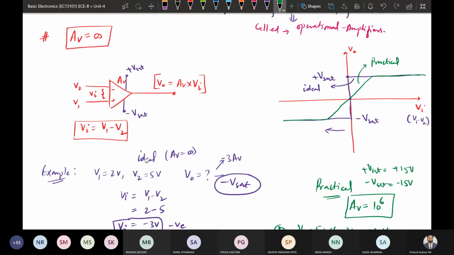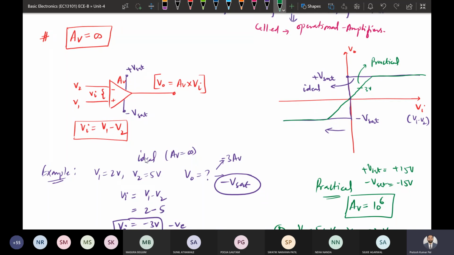As the input keeps on increasing, the output was initially 3 volt and now is coming out to be 45 volt, but it will not go to 45 volt. If it goes beyond plus V sat, that is 15 volt, it will be constant.